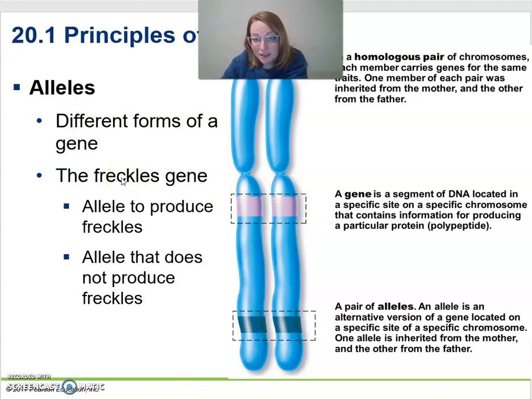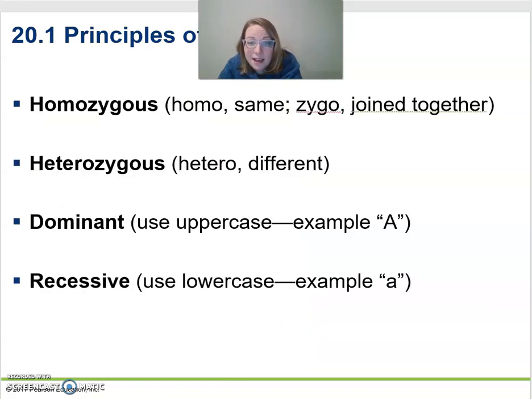So an example that your book likes to use, and is fun because I have them, is freckles. So freckles are dominant. If you have one gene, you have freckles. So this gene right here in pink we can say is for freckles. And now you could have two different alleles though. So this one could code for freckles, and that allele could not code for freckles. All right? So you can describe your alleles as homozygous or heterozygous.